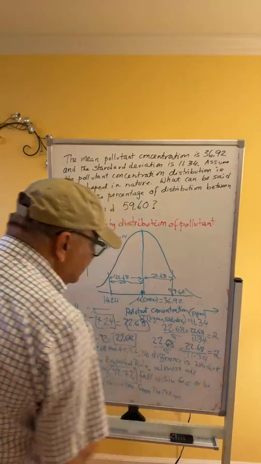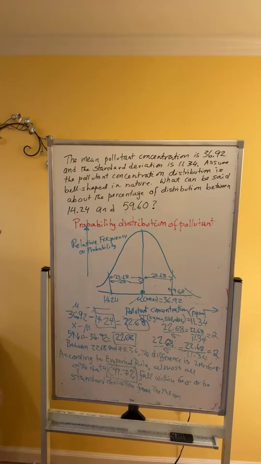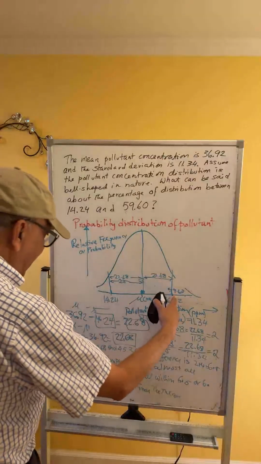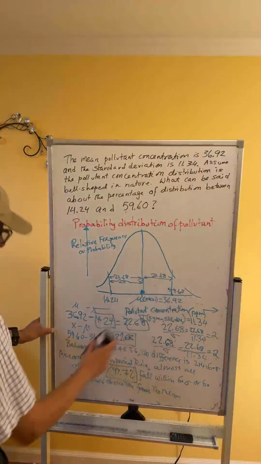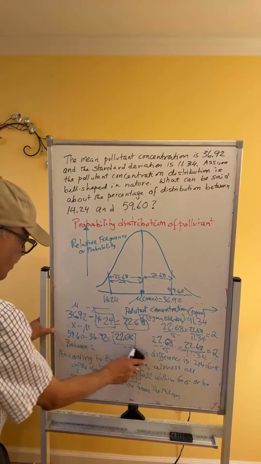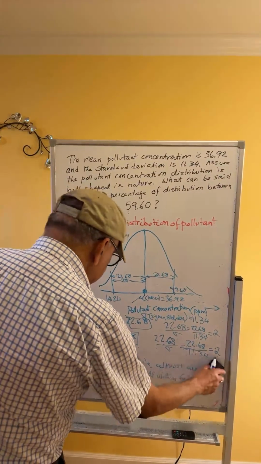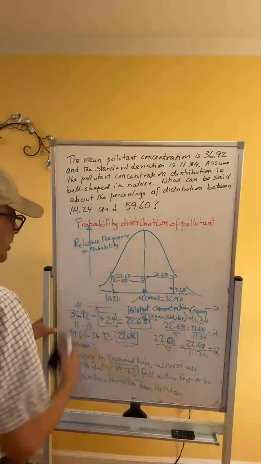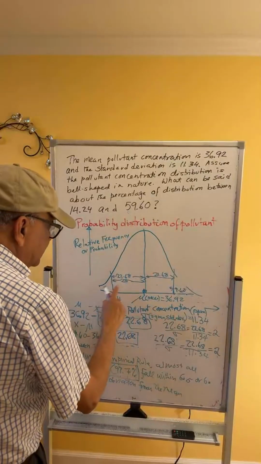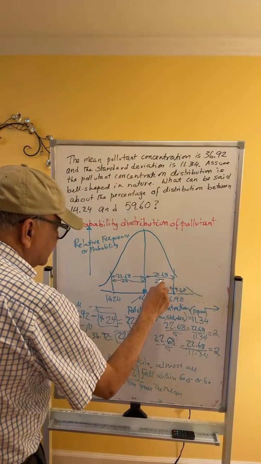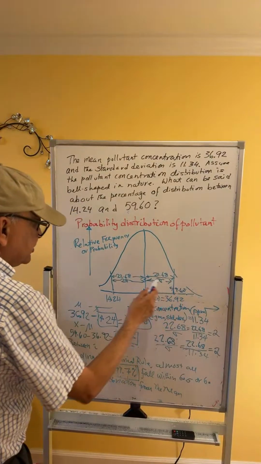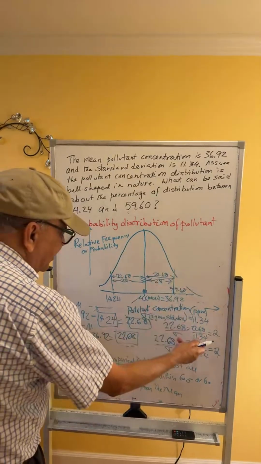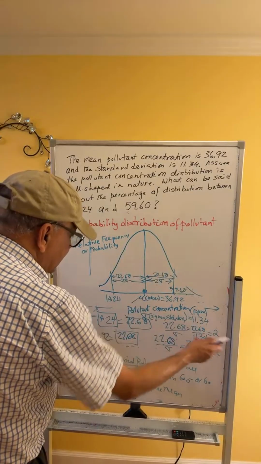Then we will use the empirical rule. The two numbers are 14.24 and 59.60, and this distance is also 2 sigma. How did I get it? 59.60 minus the mean 36.92 is 22.68, divided by the standard deviation 11.34 is 2.